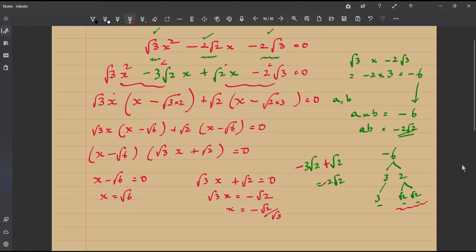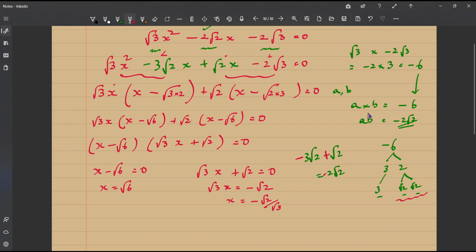Now this equation can alternatively be done by multiplying both sides by root 3. Zero multiplied by root 3 is 0, but let us do the multiplication of the left hand side. In this way you can avoid the square roots of the x squared term and the constant term.